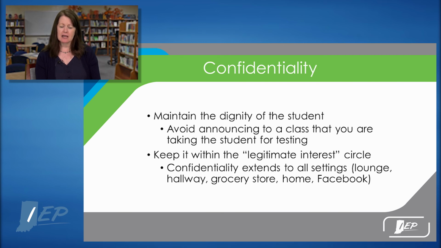Now, somebody had asked the question, okay, well, what if I am already friends with somebody and then suddenly I have a professional relationship with their child, maybe at school, or I'm part of the testing team? Well, those kinds of things happen, and especially in those small communities, they are likely to happen.